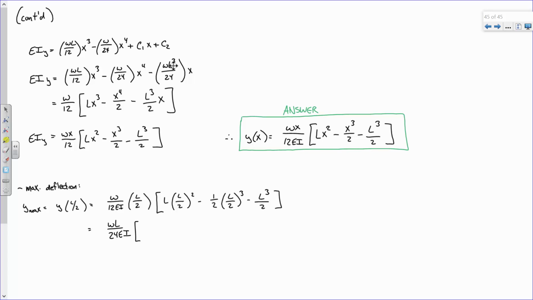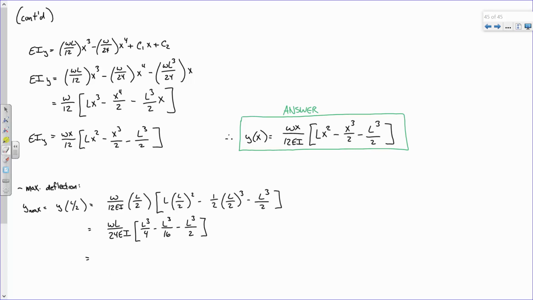On the inside, this first term, we have L over 2 squared, so that's L squared over 4, L cubed over 4, minus, okay, we have L over 2 cubed, so it's L cubed over 8, times 1/2 is L cubed over 16, minus L cubed over 2, right? So if I want to factor the numbers out, I have WL over EI times 1 over 24, and then actually hold on, let's redo this.